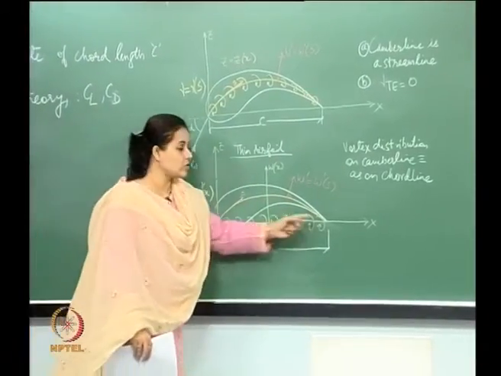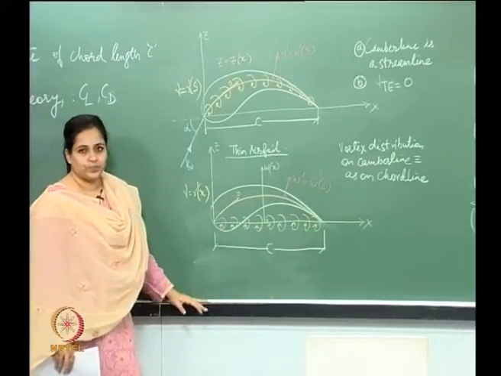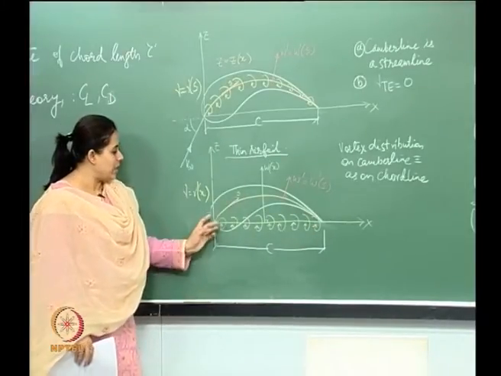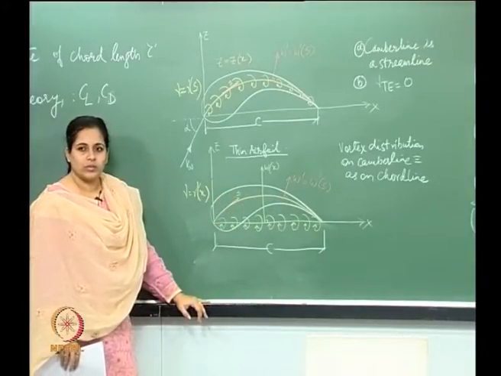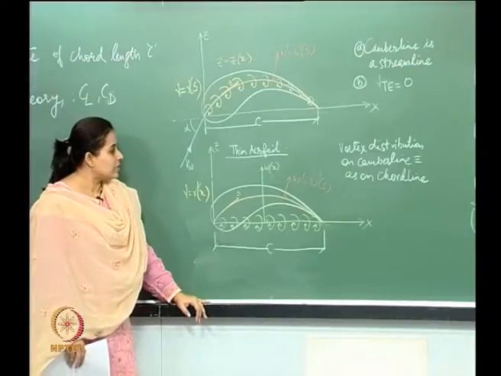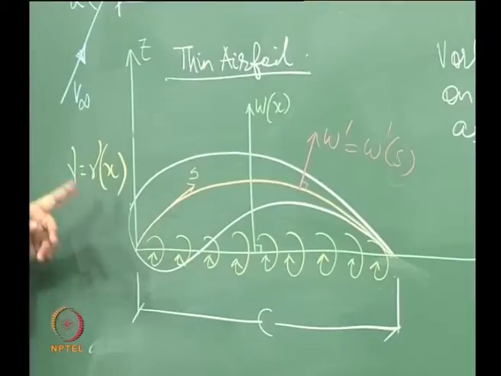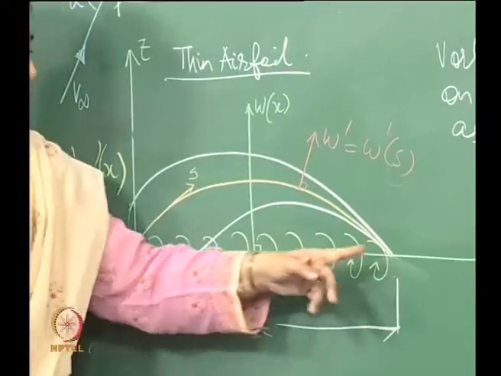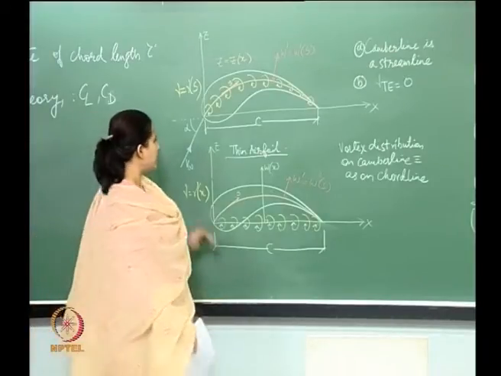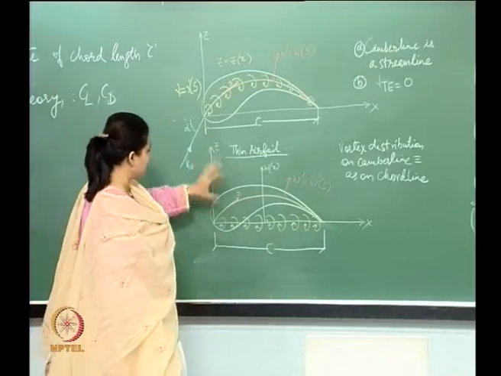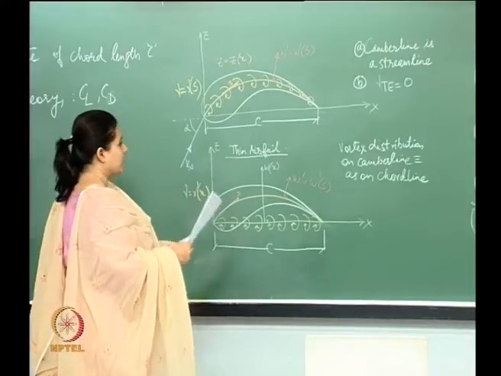The streamline is not the chord line. The streamline is still the camber line. Therefore, the zero normal flow boundary condition still has to be satisfied over the streamline, although the vorticity distribution here is on the chord line. That is basically the difference, the essence of the thin airfoil theory.